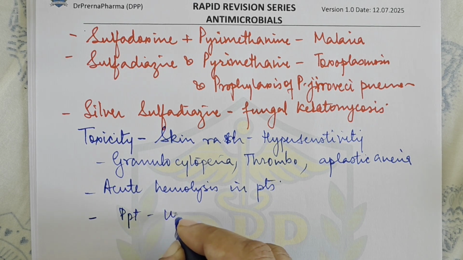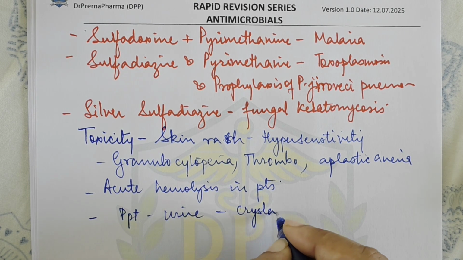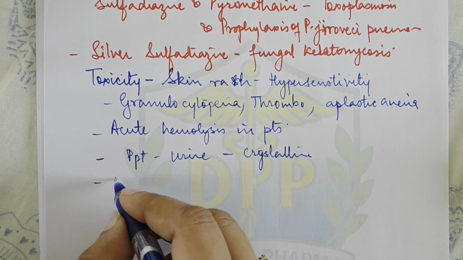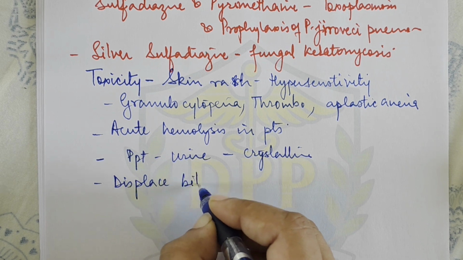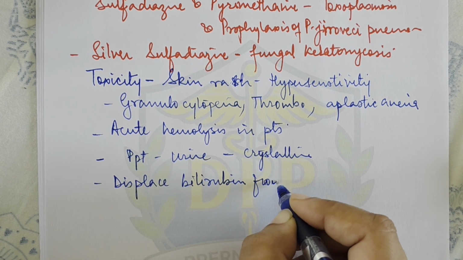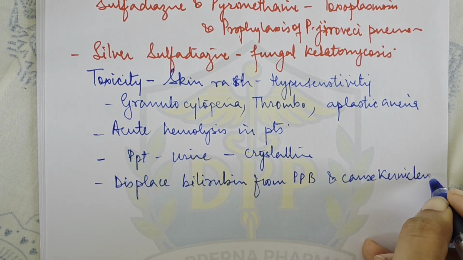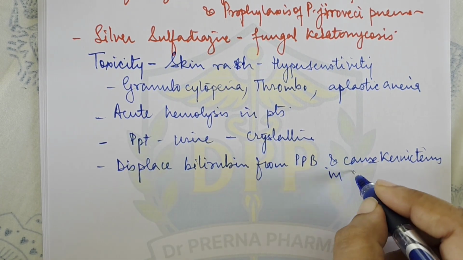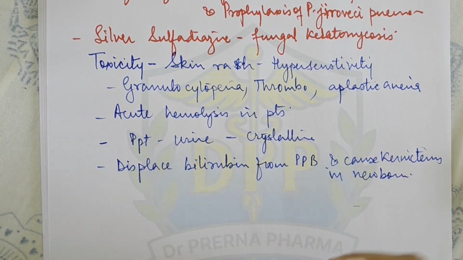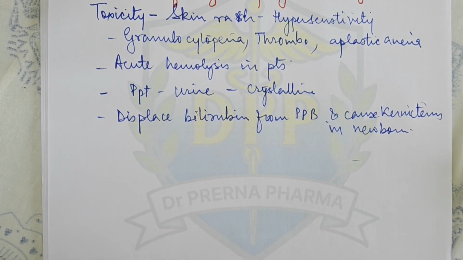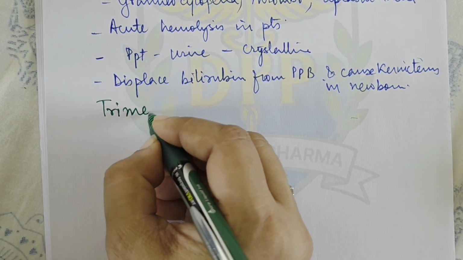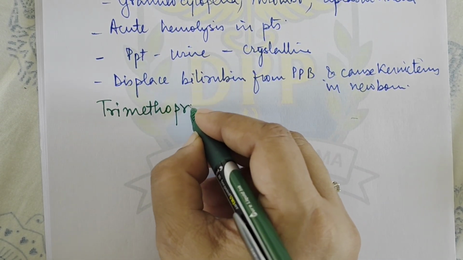They precipitate in urine and cause crystalluria. Then they displace bilirubin from plasma protein binding and cause kernicterus in newborns, right? Then the other drug that we normally combine with sulfonamides is trimethoprim.